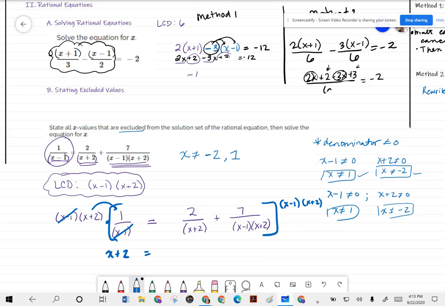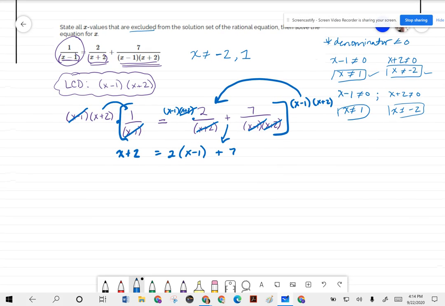And then I've got x minus 1 times x plus 2 times this guy, so the x plus 2 cancels. I've got 2 times x minus 1 for the first fraction plus, and then the x minus 1 and x plus 2, they actually just cancel, so I just have 7.